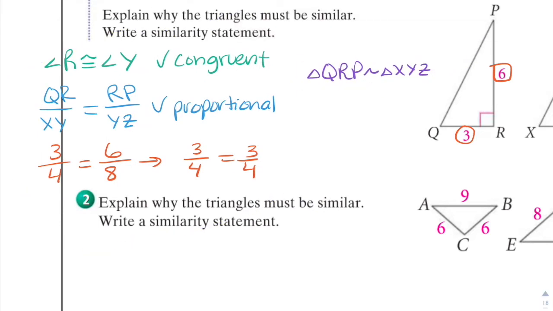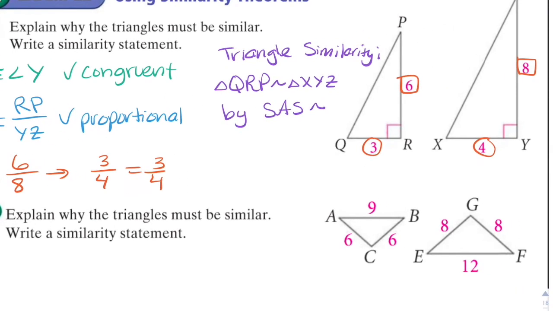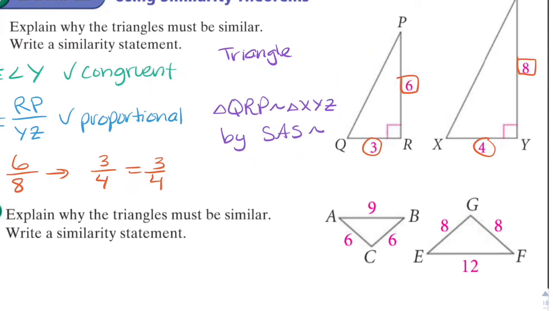So I'm going to say triangle similarity: QRP is similar to triangle XYZ by the side angle side similarity. Now it didn't ask me the, let me redo this. My apologies.